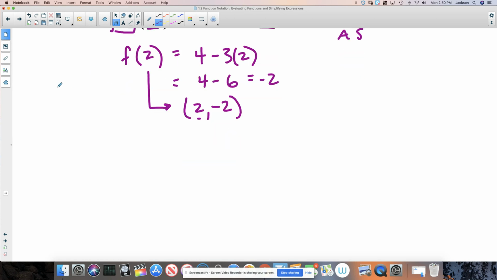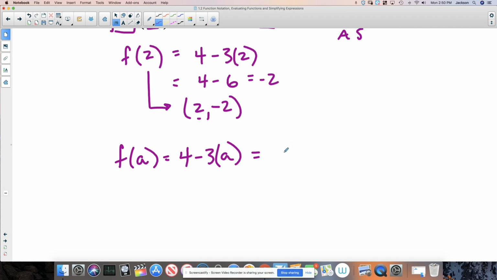Let's look at what happens, and we can make this a little bit more complicated, okay? If we want to plug in a, my advice is always going to be, whatever this is, I did it here, I kind of skipped past that. Let's go back. When I plug that number into the function, I should put parentheses around it, right? When I take a and I put it into this function, I should put parentheses around it.